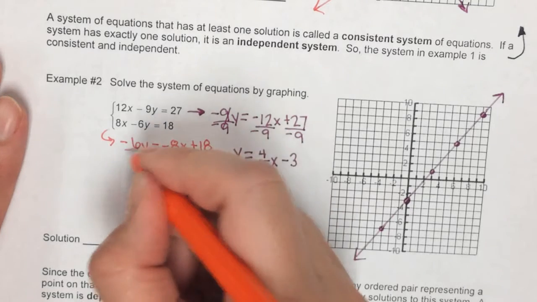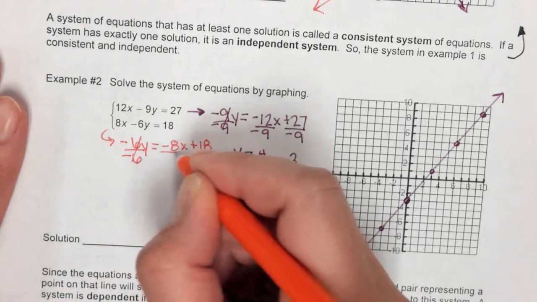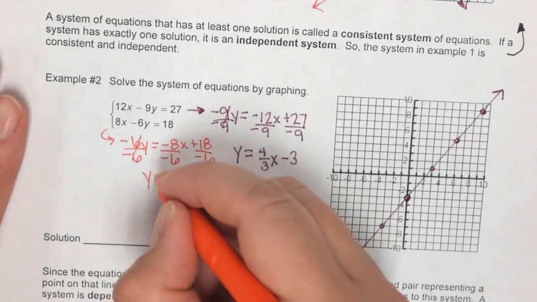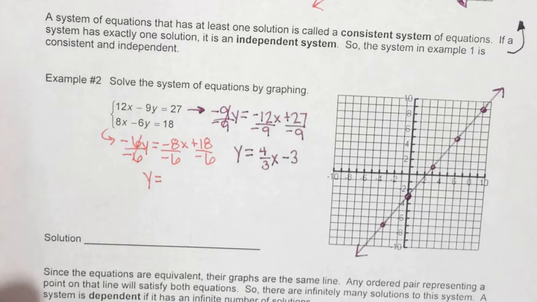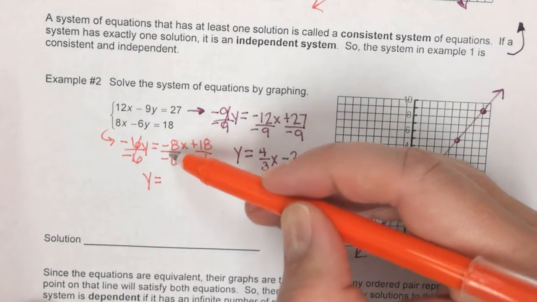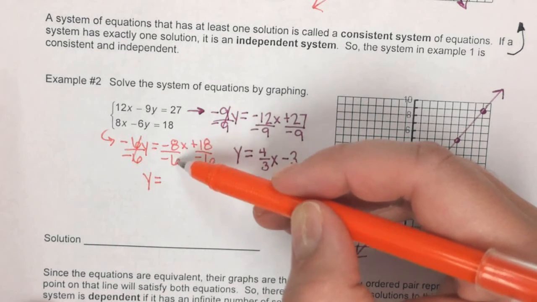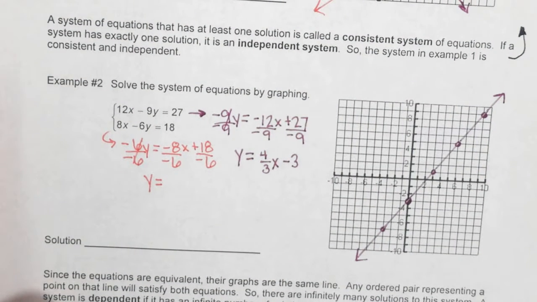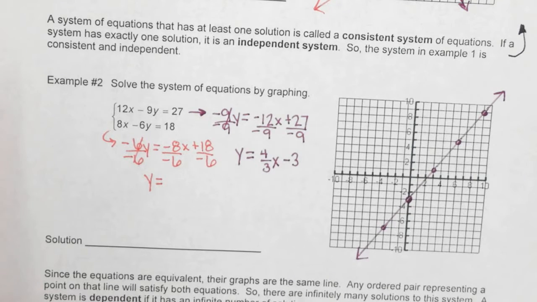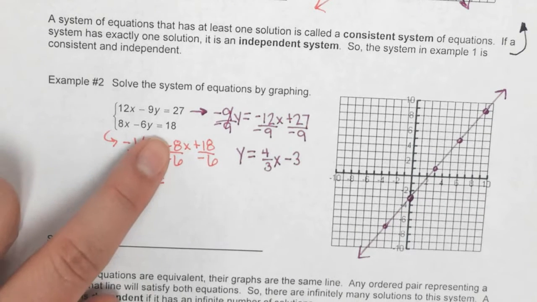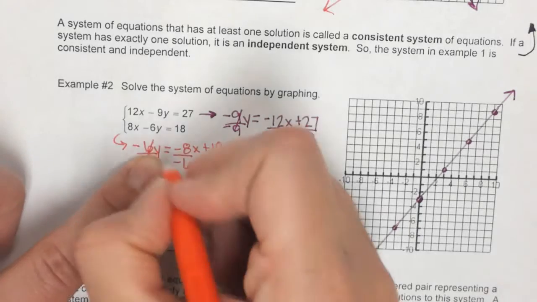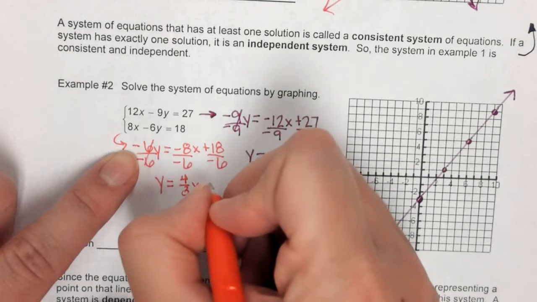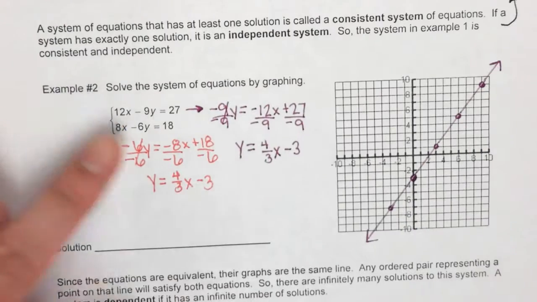And then we can divide by negative 6. So we have y equals, okay, negatives will cancel. 8 over 6, what will 8 over 6 reduce to? Mm-hmm. 4 over 3, right? 4 over 3x, and then 18 divided by negative 6 is negative 3.